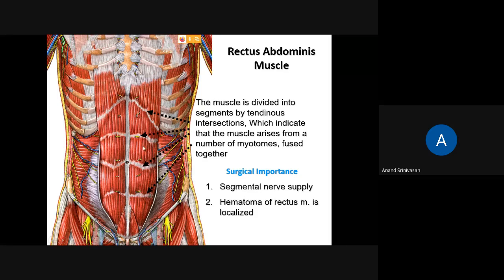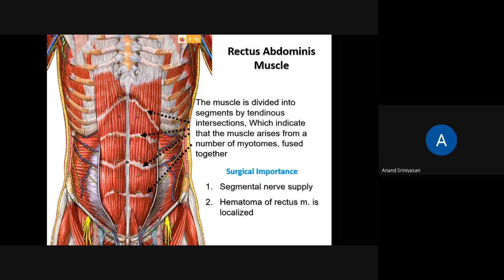These tendinous intersections keep the rectus abdominis strong. You must have seen persons with six-pack, eight-pack. What is that? It is because of these tendinous intersections. If it is a straight muscle, it will not be strong.